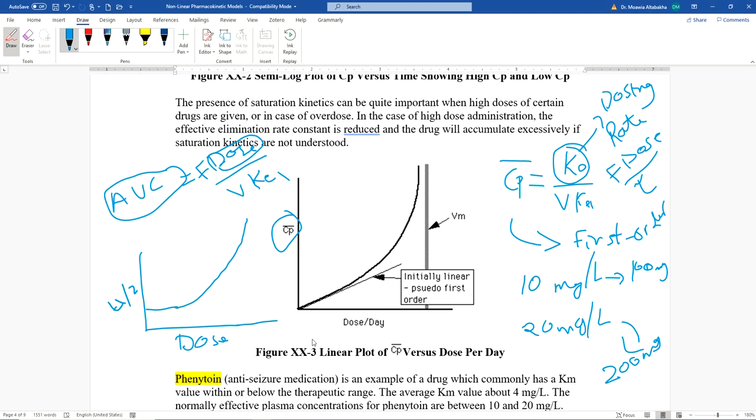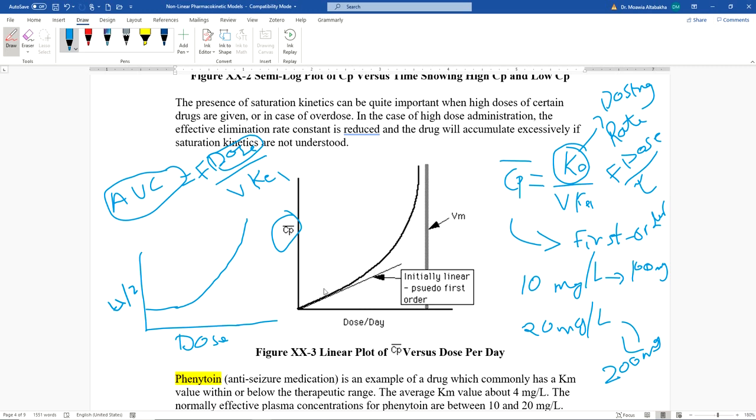So the result of all that is that there is a danger of drug accumulating in the body with non-linear pharmacokinetics. The half-life increases more than what I expect because it should be constant. We have average concentration much higher than what I expect.